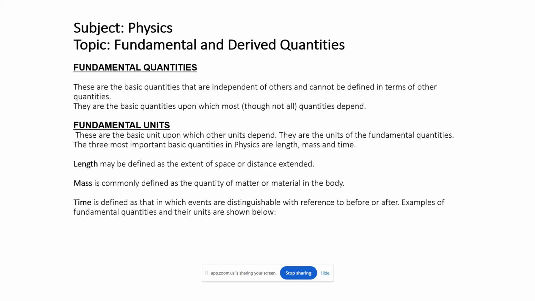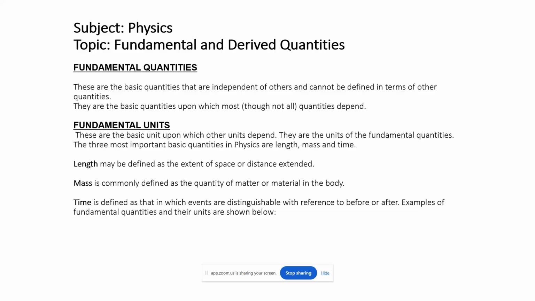As far as this universe is concerned, there's need for measurement. We know that on Earth, we have different countries, right? We have boundaries, we have measurements, where countries have their boundaries and all that. So these boundaries are measured by length. That's why we define length as an extent of space or distance extended.